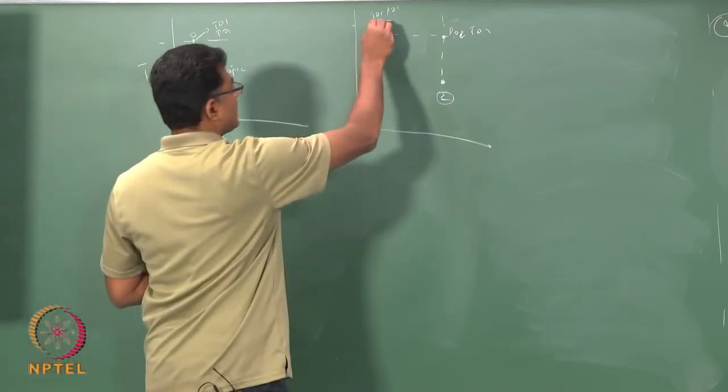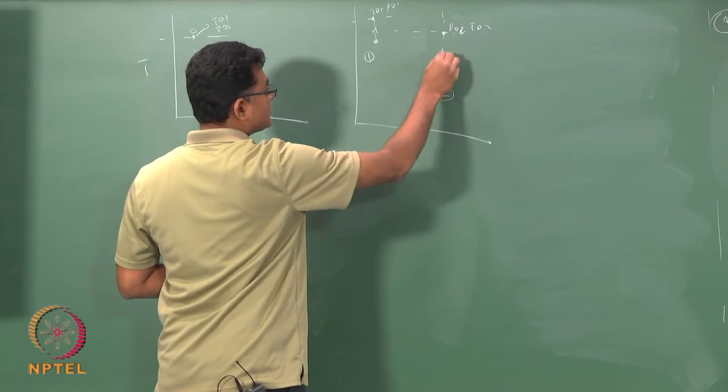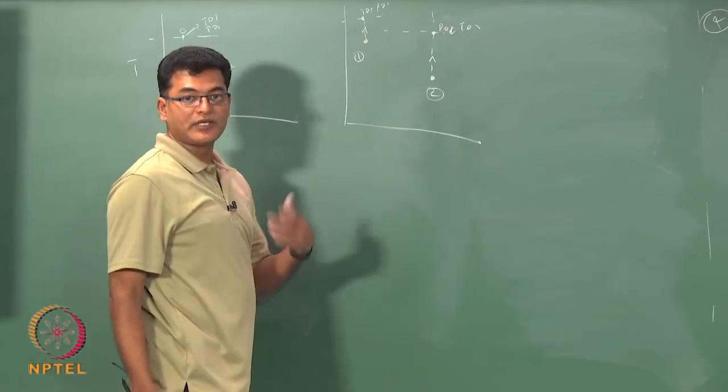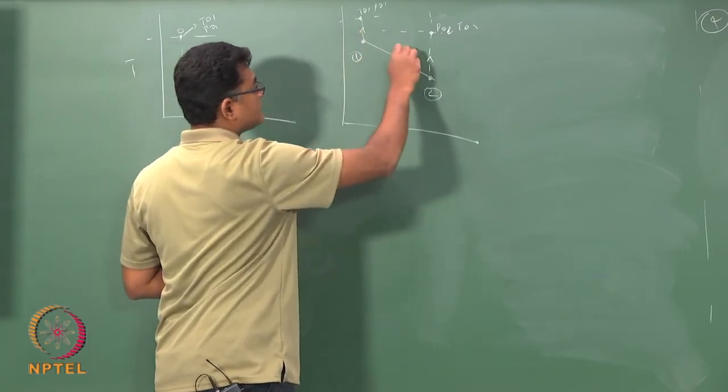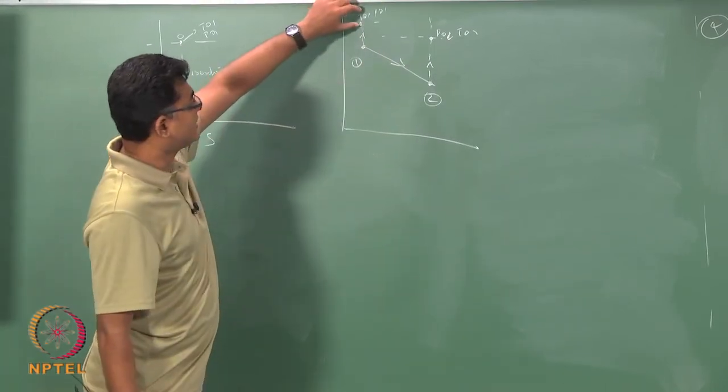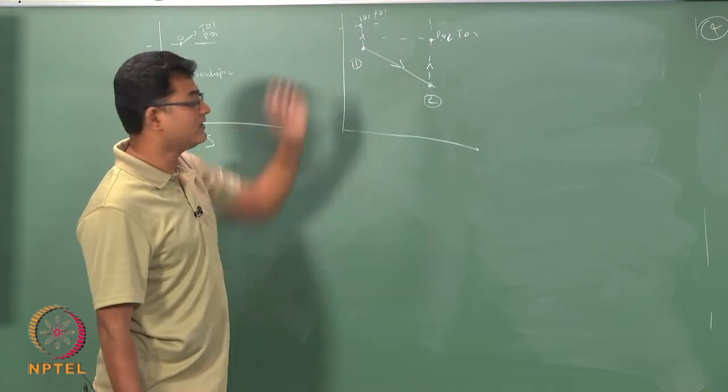This imaginary process of taking each point to its stagnation point is isentropic, but from 1 to 2 the end state stagnation points are different.